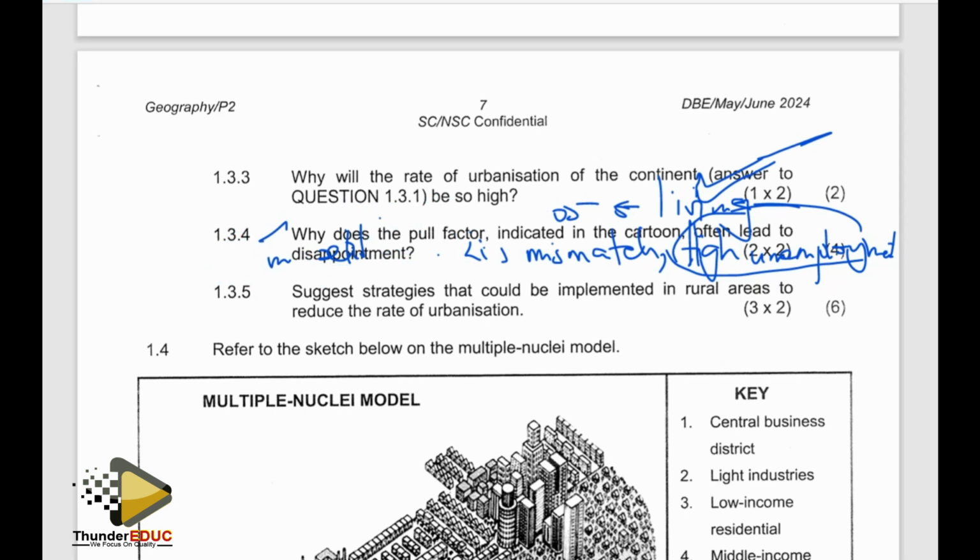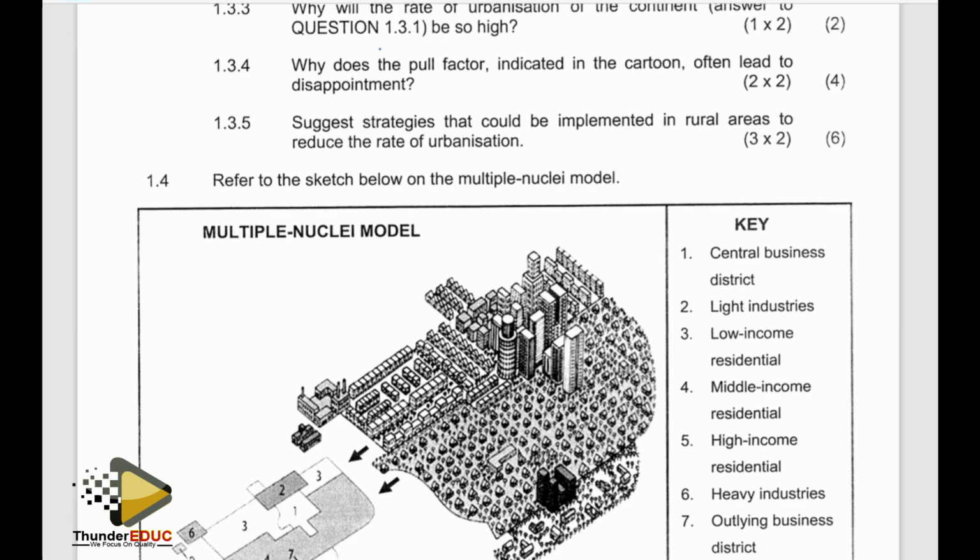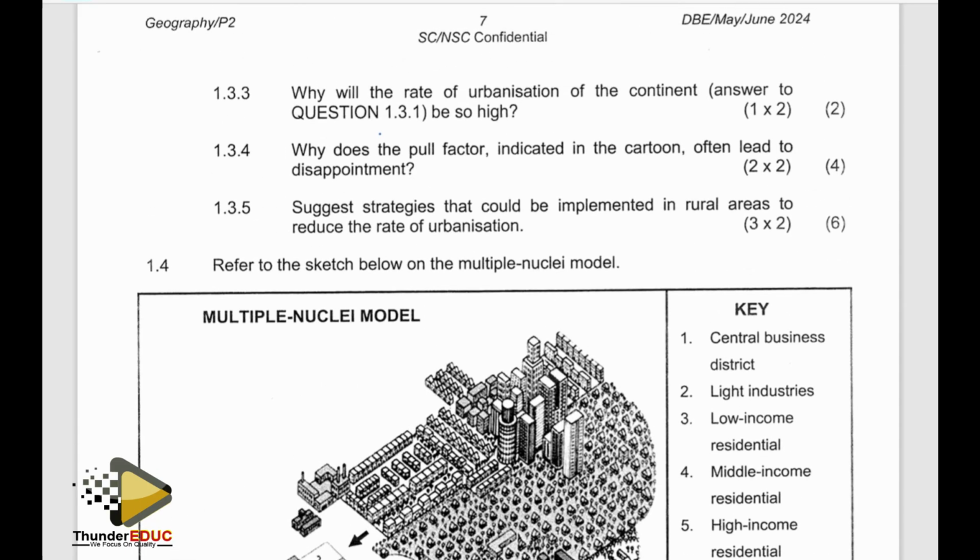That is going to be a very serious challenge that will lead to disappointment. And you tend to find that some of such hopes will die and the person will reverse to go back to the rural area where they are used to. Those are some of the disappointments that can come along and act as a hindrance to the fulfillment of such dreams by people from rural areas.